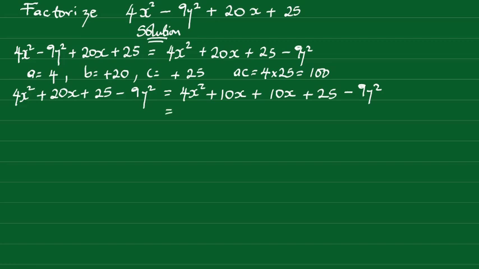Therefore, we proceed and factor out 2x from 4x squared plus 10x. We factor out 2x and we're left with bracket open 2x plus 5 bracket close. Now we have plus 10x plus 25.